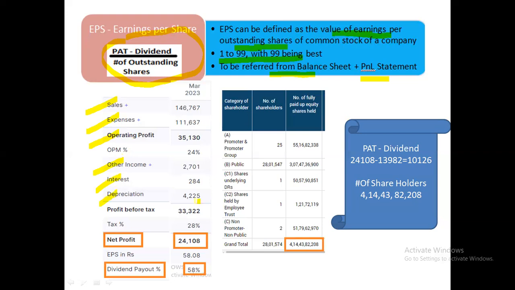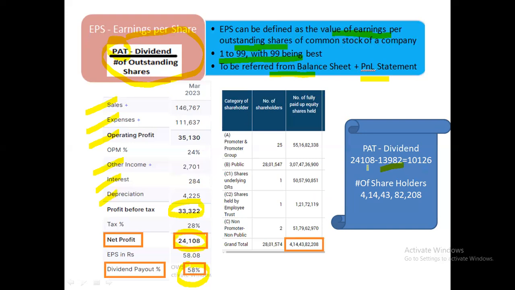That means 33,322 was the previous figure, and the actual take home is 24,108 crore, which is called PAT, profit after tax. Dividend payout is 58%. 58% dividend payout means how much? 24,108 into 58%, which comes to 13,982 crore.